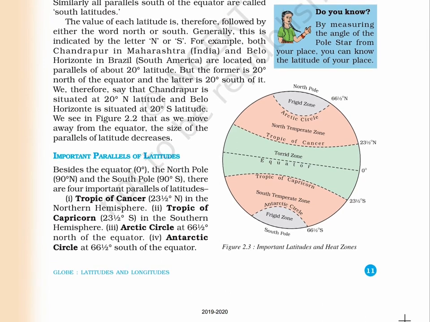Tropic of Capricorn 23.5 degrees south in the southern hemisphere. 3. Arctic Circle at 66.5 degrees north of the equator. 4. Antarctic Circle at 66.5 degrees south of the equator.